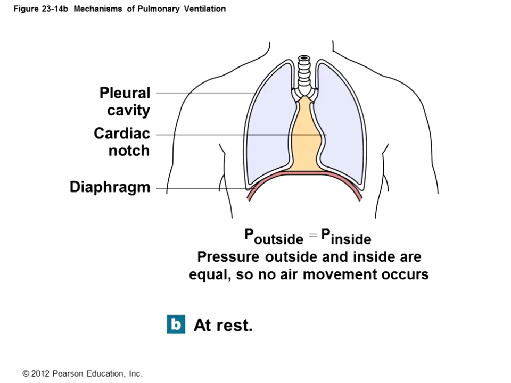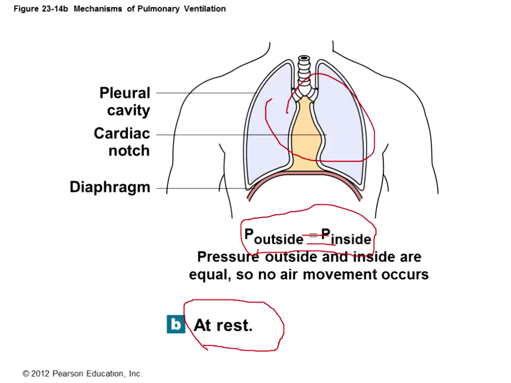If you think about three scenarios, you have rest, inspiration, and expiration. There's a different pressure depending on that scenario. At rest, which is only for a very brief moment in time, when you're not either inhaling or exhaling, the pressure outside in the atmosphere and the pressure inside your thoracic cavity are pretty much equal.